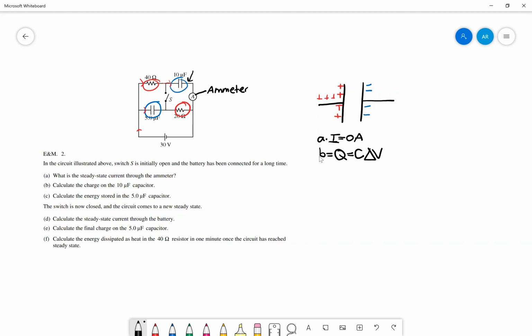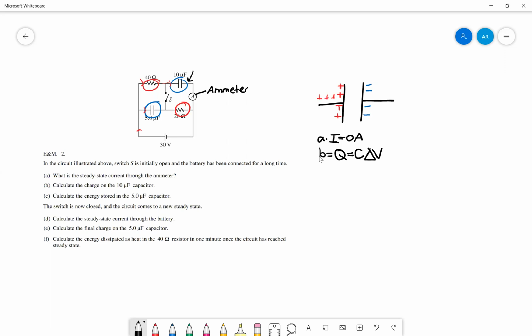Now, when you're at a steady state, the reason that there is no current flowing is that all the voltage has been sort of taken by the capacitor. The capacitor has all of the potential difference.